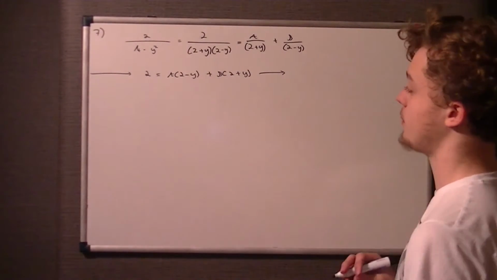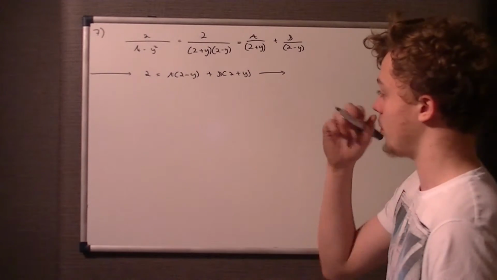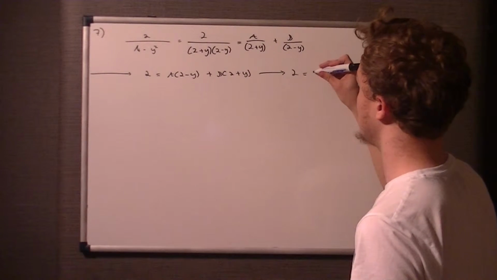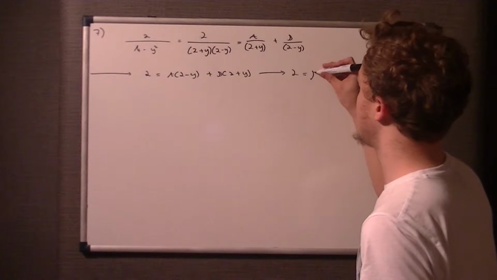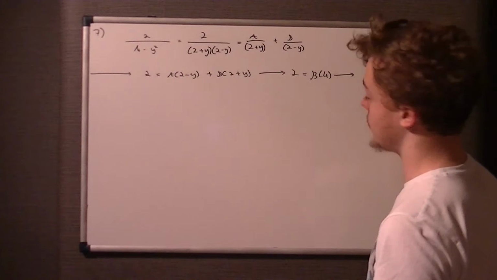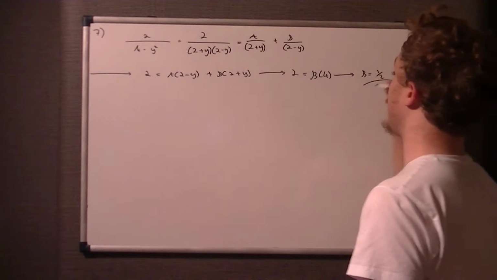The first factor we're going to get rid of is A, okay? So we're going to make 2 take y equal to 0, so therefore y must be 2. So therefore if we make y 2, 2 equals, now we could write A times 0, but that would be pretty pointless. And it's just 2 is equal to 4 times B, so therefore 4B is equal to 2, so therefore B must be equal to a half, okay?